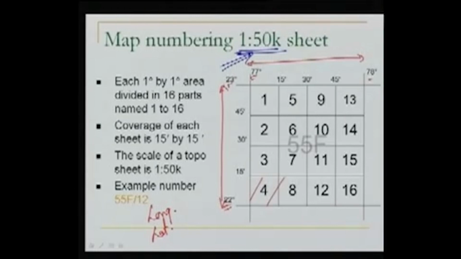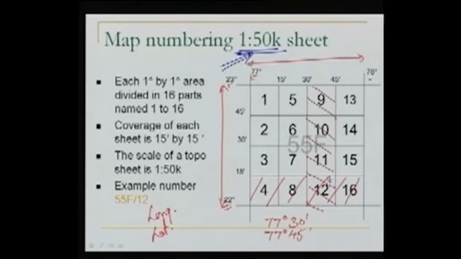So that means it should be somewhere in this, and it is in between, in terms of the longitude, 77 30 and 77 45. Let us say my area of interest is within 77 degree 30 minute and 77 degree 45 minute. If it is so, my area of interest should be somewhere within this. So what we find from here, we find that my area of interest is in this block.